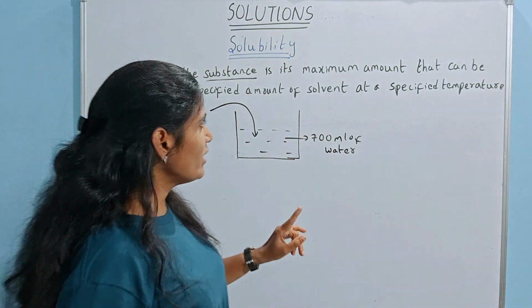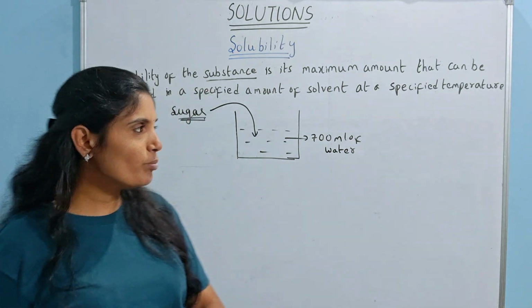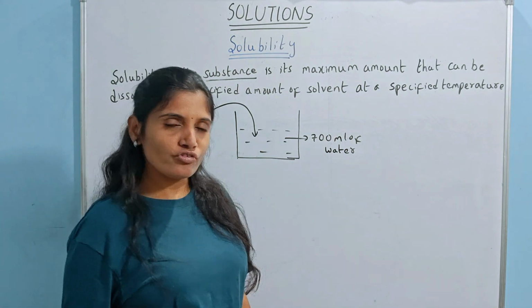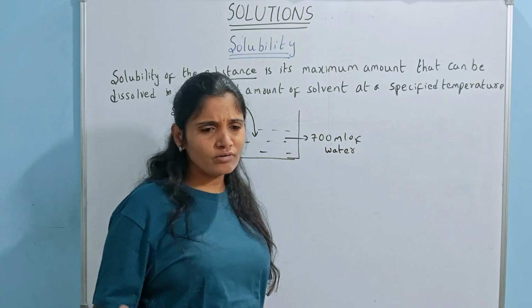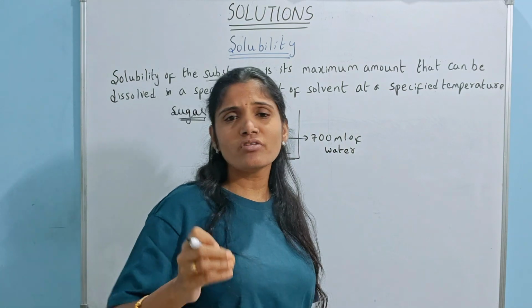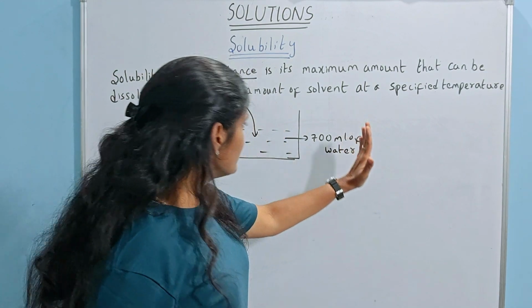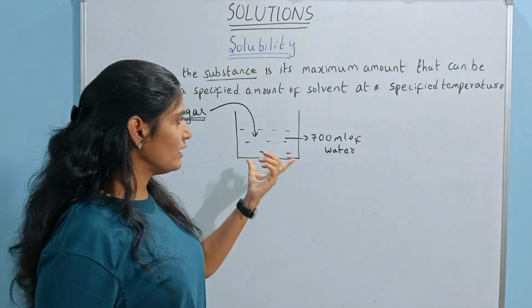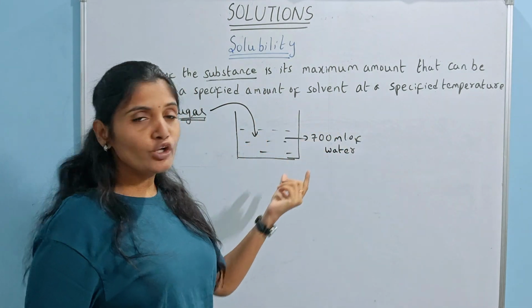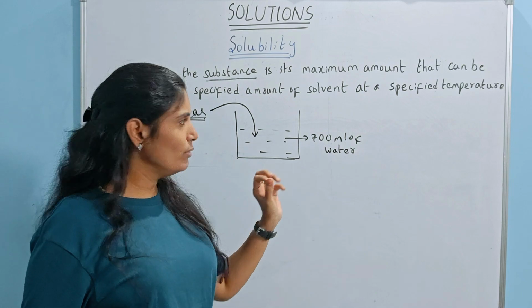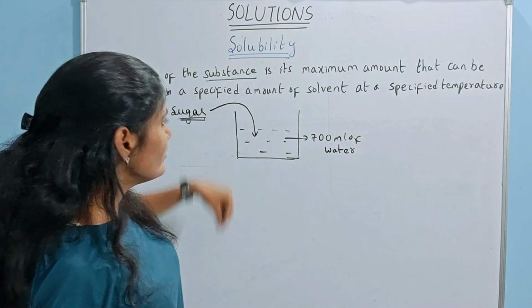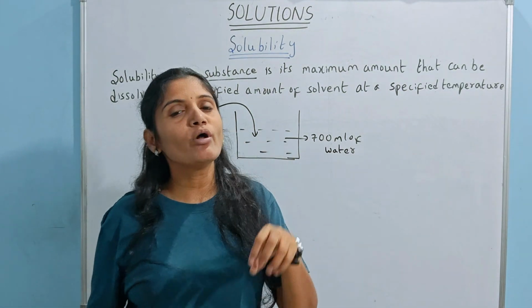Now at a specified temperature, for now I am taking room temperature, which is almost constant. Imagine my room temperature is 37 degrees Celsius. At 37 degrees Celsius, I have taken a solvent, the quantity of the solvent is 700 ml of water. Into this 700 ml of water, I'll keep on adding sugar.